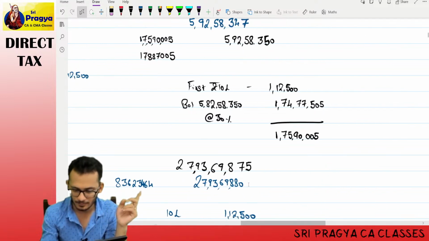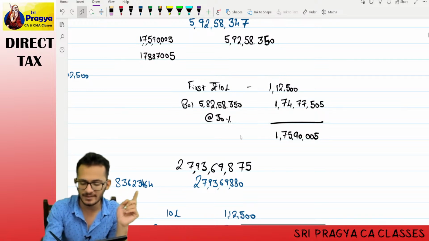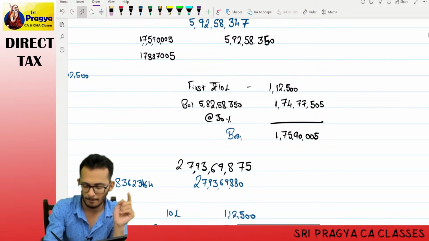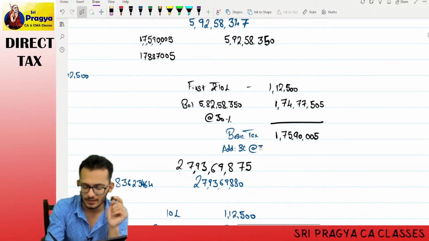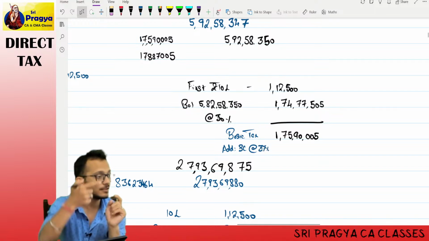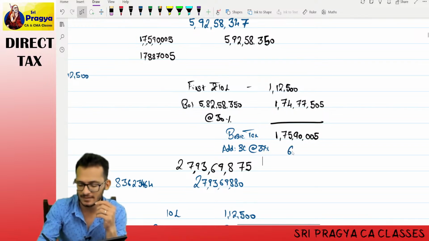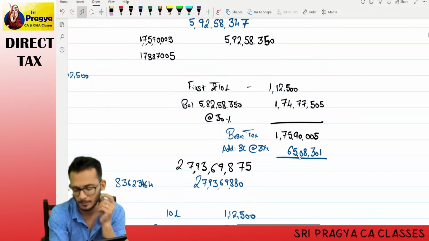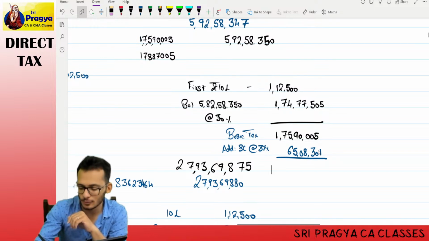Is this the number? 175.90. Yes. So this is your basic tax. On this you will now add surcharge at the rate of 37%. 37% of this 170 number is 65 lakh, 8,301. Total number 301 point, so then it's 302.